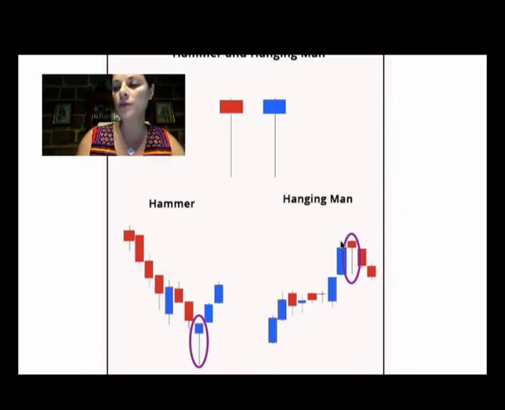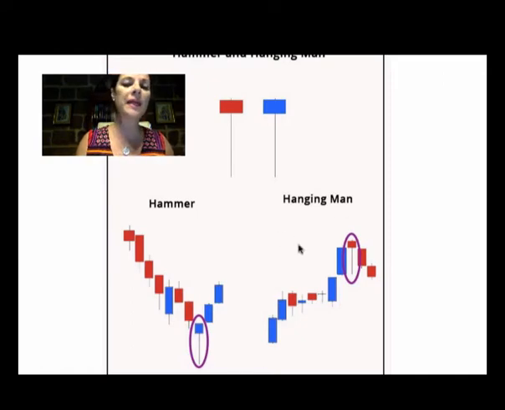The hammer forms in this case when there is a downtrend and the hammer is plummeting and hitting at our baseline, at our price support line. So it's like a hammer hammering at the base, and if this is hit too hard, it's going to bounce up and we are going to see our reversal.